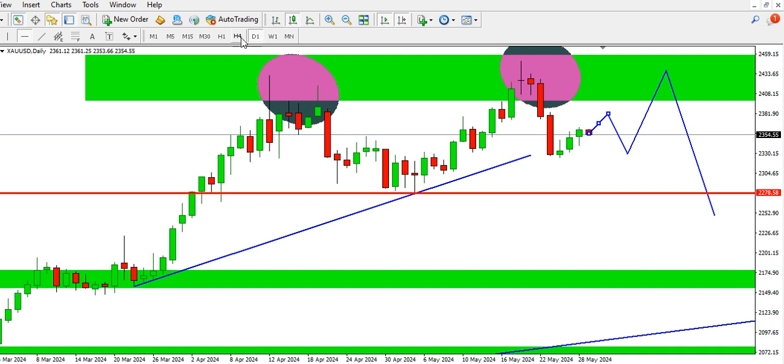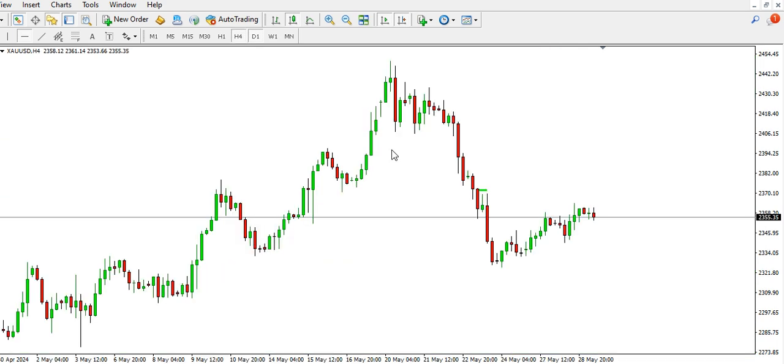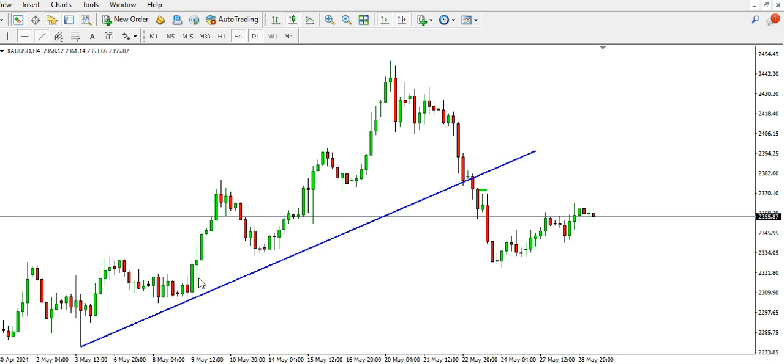On the 4-hour time frame, what do we have? Okay, the 4-hour time frame shows price has been rising, and then we have a break of the trend line around here, and then price drops somewhere around here.